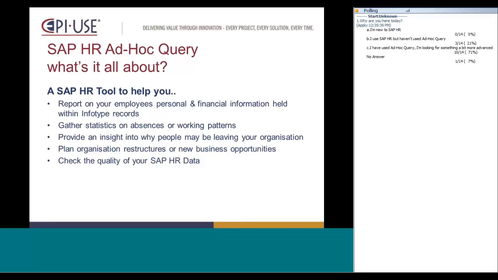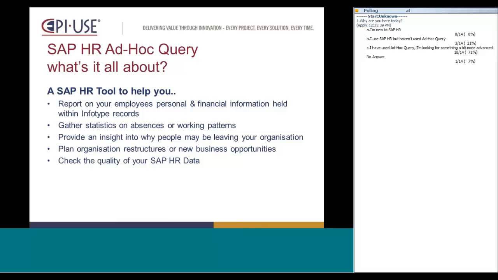You can look at payroll data, but one of the limitations is that you can't report on payroll results. There are specific payroll reports for your running payroll, and certainly for time evaluation and attendances as well. Any of the data stored when you're doing time evaluation, you can't use Ad-Hoc Query to report on.